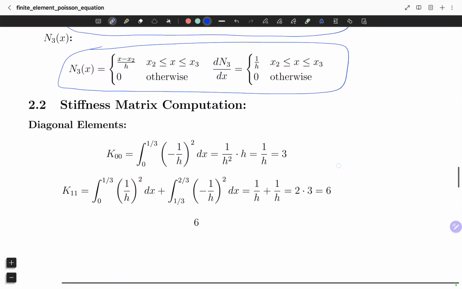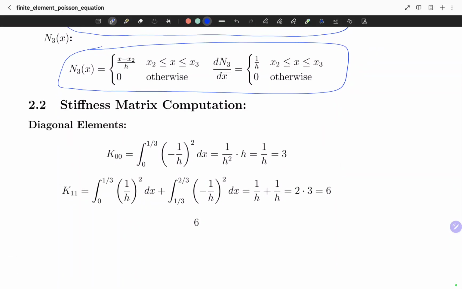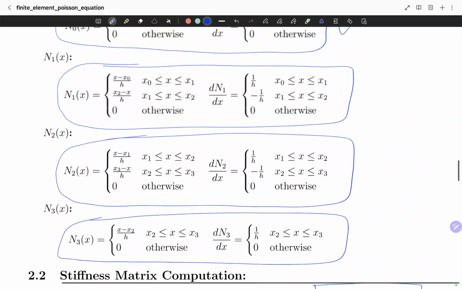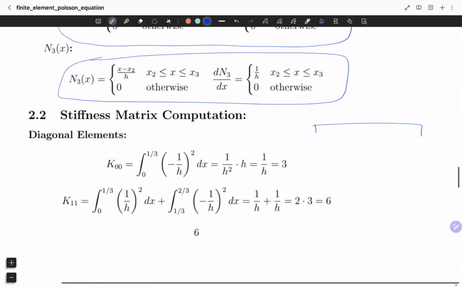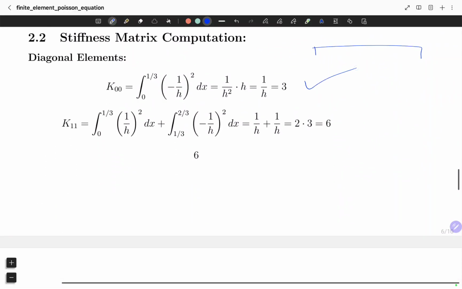And as I already explained, because you have length L, then you take h to be 1/3. So when you do the operation, you get this.